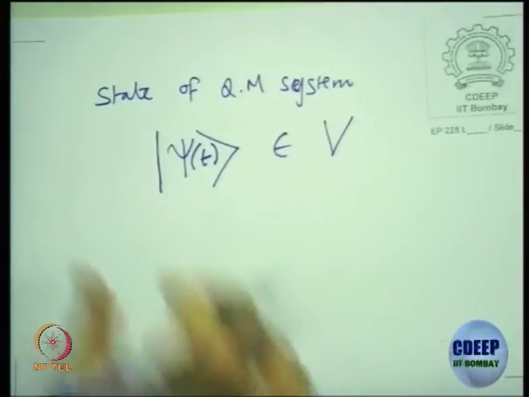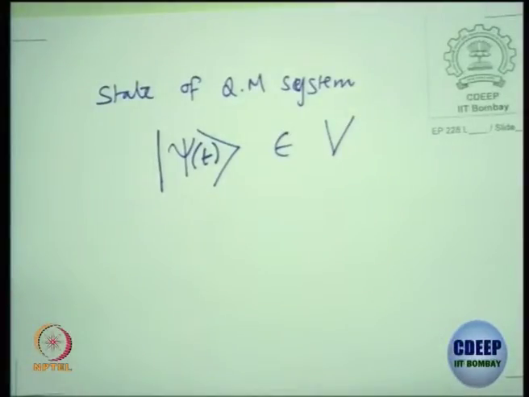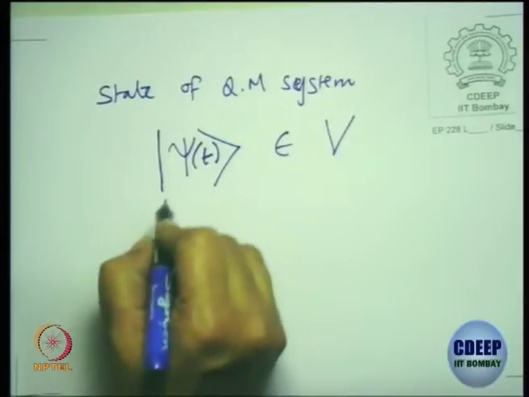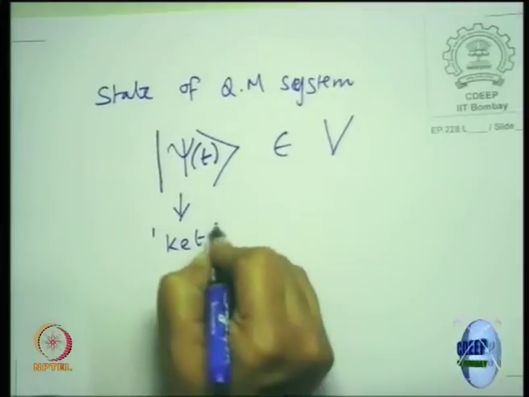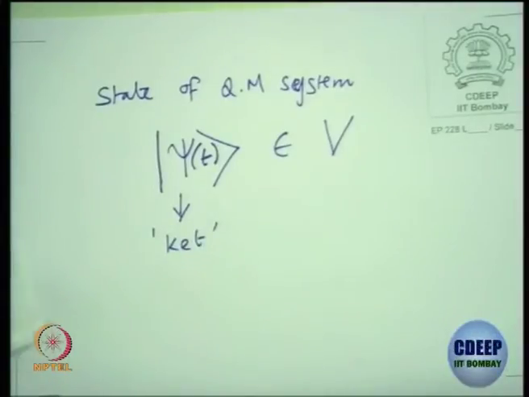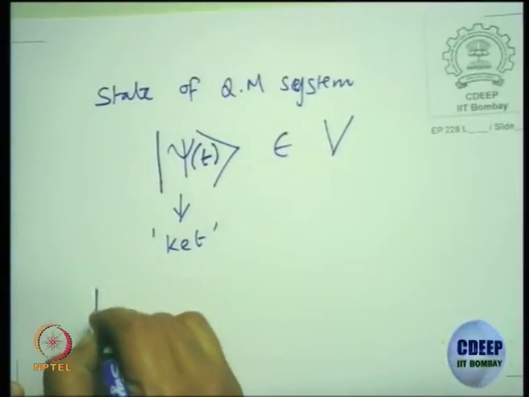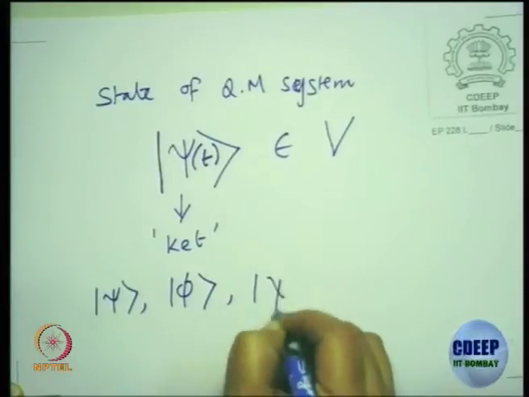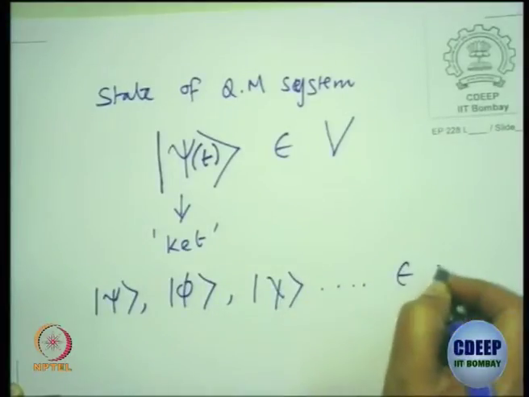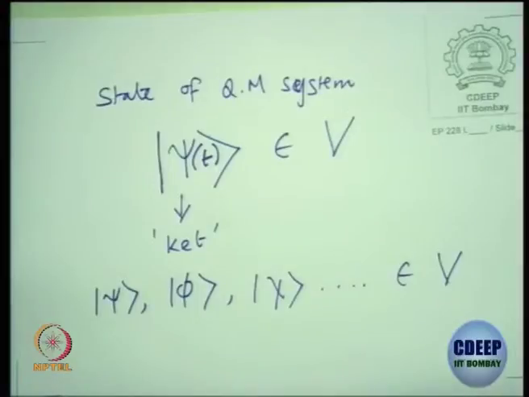So this is the notation which we are going to use, not the vector A, vector B and so on. We are going to use an abstract notation which is an angular bracket, and this angular bracket is known as a ket. Suppose in the vector space you have psi, phi, I will suppress the time right now, chi, and so on, which are elements of a vector space.